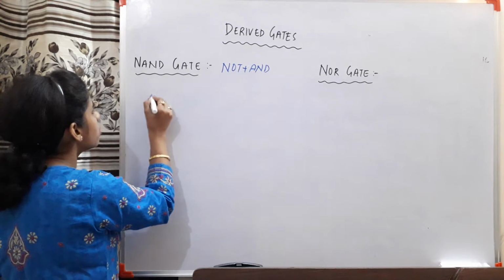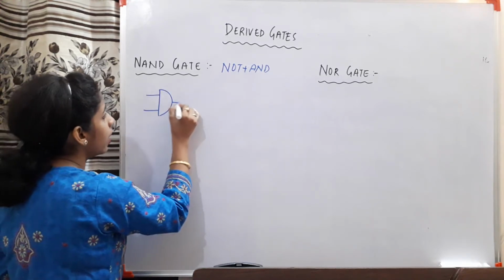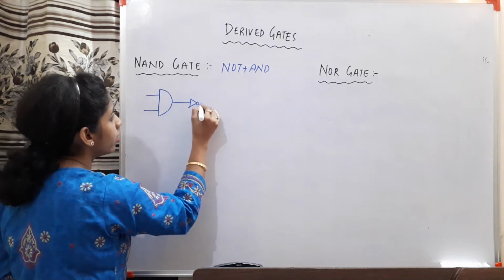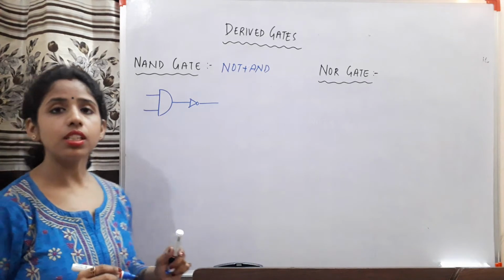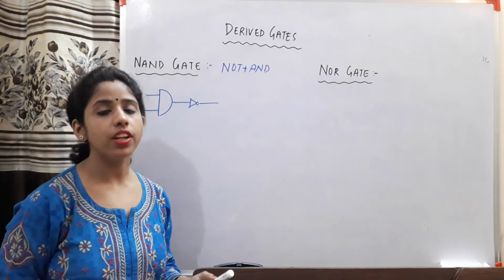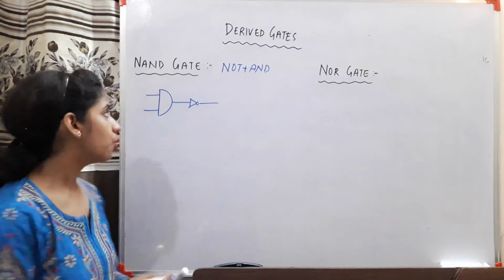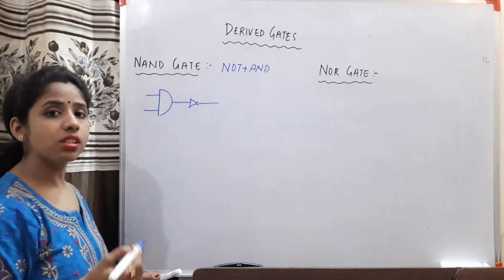So first of all, see, this is the AND gate, right? And after this you apply NOT over it to get the output of the NAND gate. Children, just like AND is a binary gate, in the same way NAND is also a binary gate. So you have to provide at least two inputs to this gate.